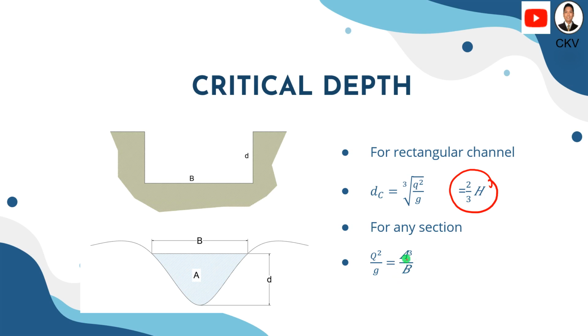To obtain the critical velocity, the critical velocity is just equal to the square root of g, the acceleration due to gravity, multiplied by the critical depth computed. Now let's proceed to our next problem.